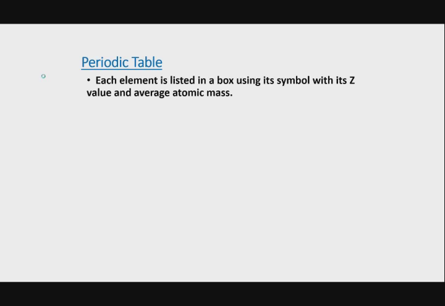Each cell in the periodic table houses one element, and that is represented using its one or two letter symbol. Above that symbol is an integer value, that's the Z value, and below that symbol is the average atomic mass of the element in units of AMU.